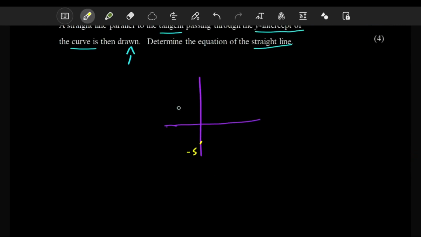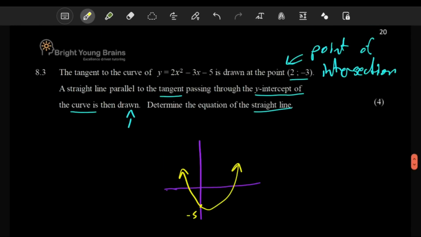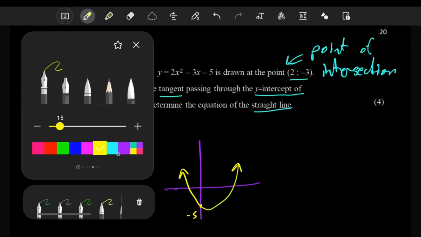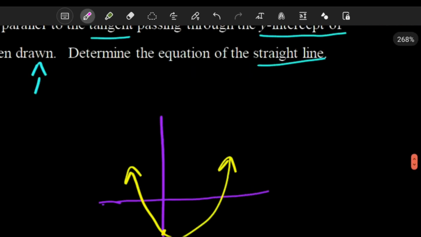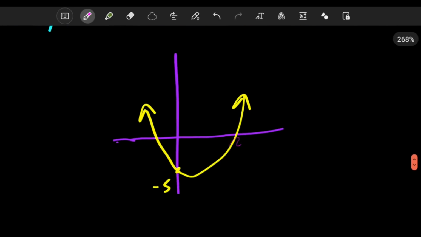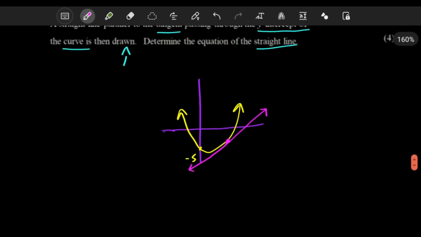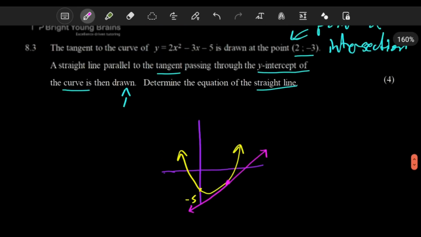So if it's smiling, then this graph has no choice but to look like this. They said the point of contact is where x is a 2 and y is like a negative 3. So that's like somewhere here. Now, don't take for granted the fact that you're seeing that this tangent is going to have a positive gradient. You see, that's like information that your sketch is giving you. So don't take it for granted.